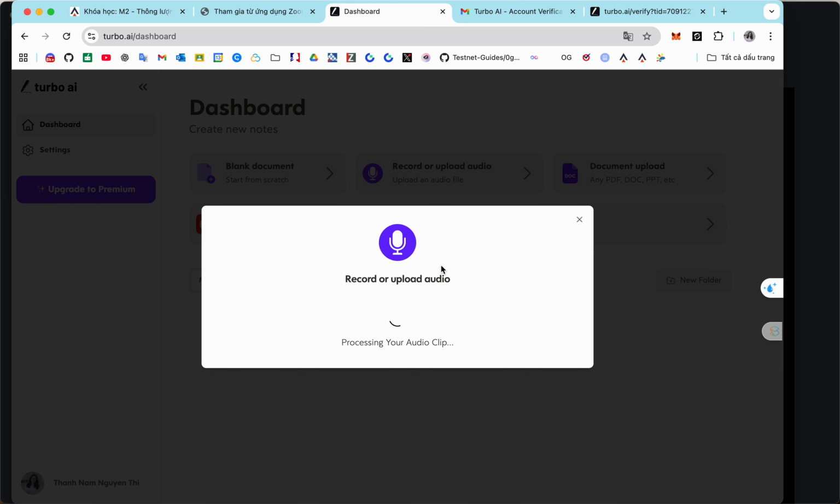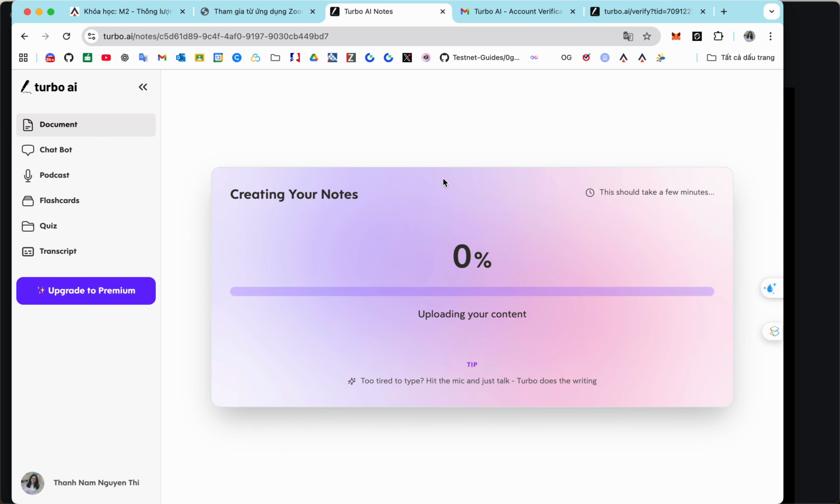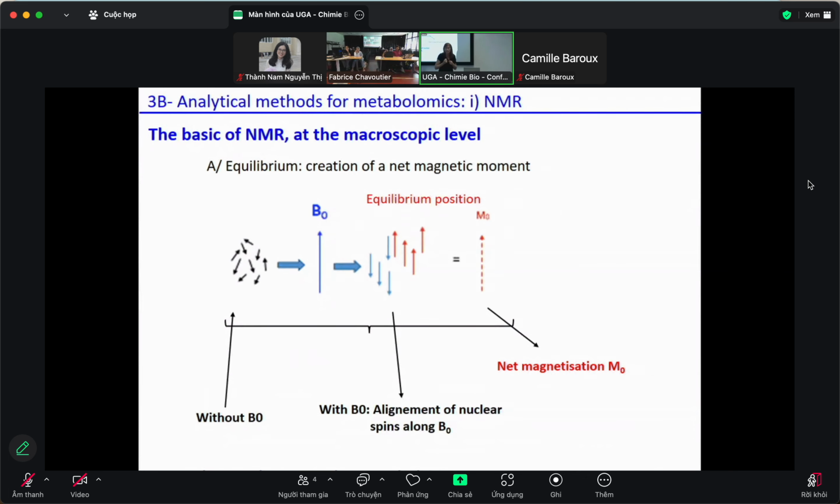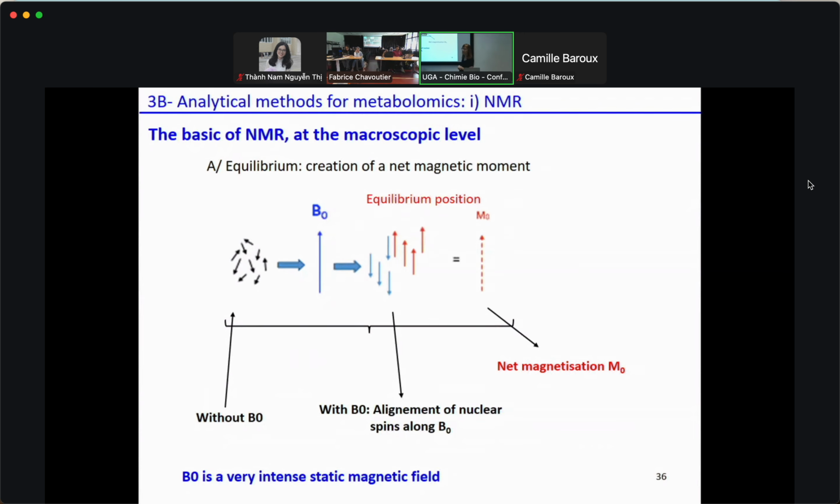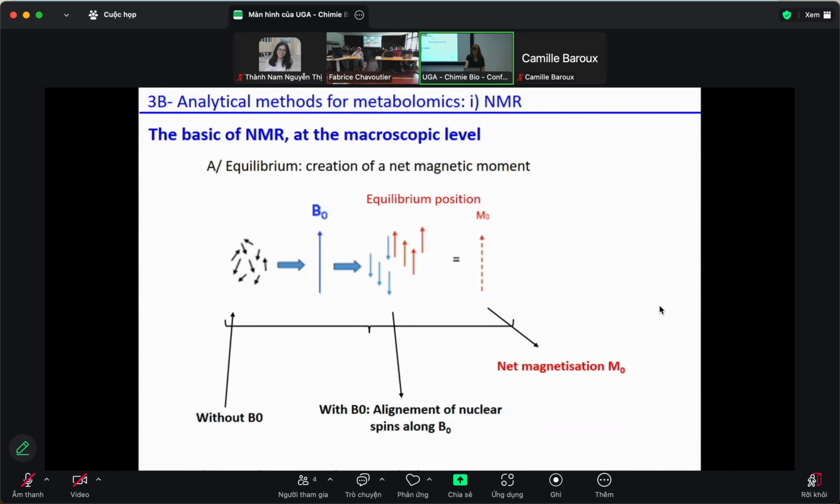This is not dangerous. If you do not have this magnetic field, you cannot do NMR. The spins are isotropically oriented in space. With the magnetic field, they align along it. And there is a very small difference between the up and down spins. This is the equilibrium position.